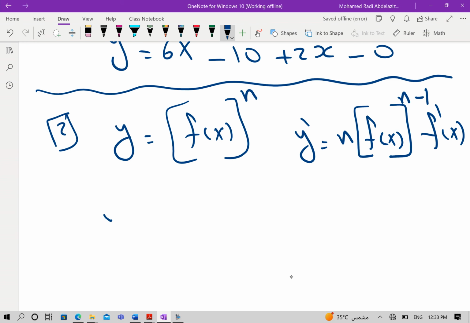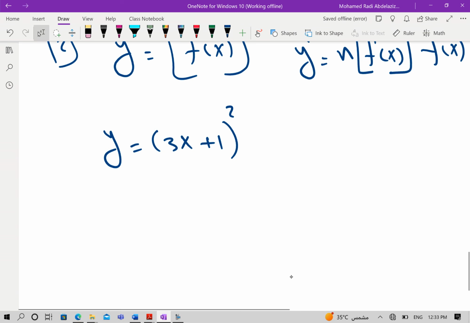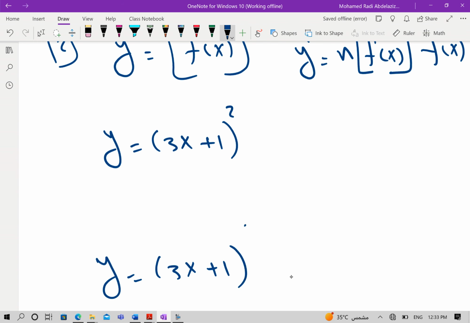For example, if we have y equal to 3x plus 1 all to the power of 2, you can expand and simplify first, then differentiate. What about if it is 3x plus 1 all to the power of 5? You can also expand and simplify by using a binomial expansion, but it takes a long time. So it's better to use the chain rule.